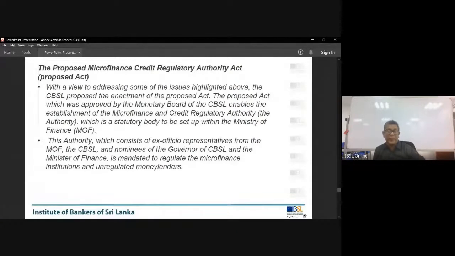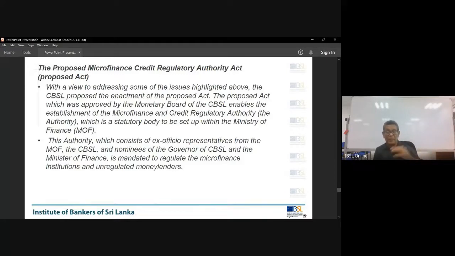informal sector. In order to do that, there is a proposed Microfinance Credit Regulatory Authority Act, right? They thought the present Microfinance Act is not good enough. So the regulators as well as the government want to have a separate authority, not even under the central bank, to come up with some rules and regulations, and it comes under the Ministry of Finance.